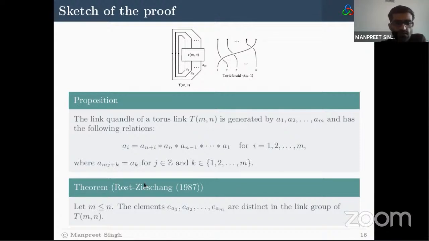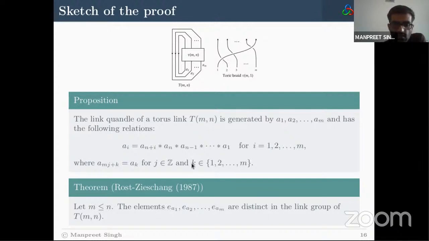It was proved by Rost and Jashin that, assuming m is less than or equal to n, the elements EA1, EA2, ..., EAN are generators in the link group of the torus link tau mn. These generators are distinct in the link group. So we will need this result.